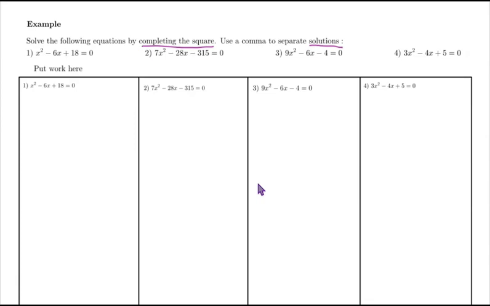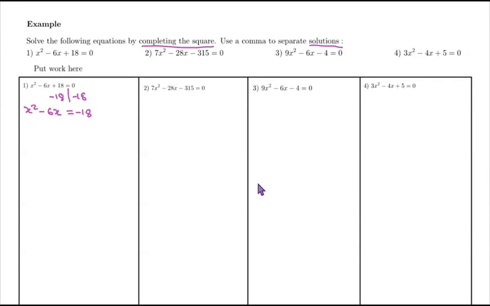the constant term. Subtract 18 on both sides. So the equation is now x squared minus 6x equals negative 18. Next step, we will find the constant term that will make this expression a perfect square trinomial.